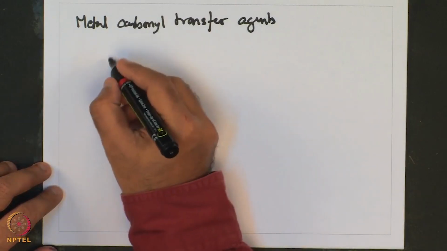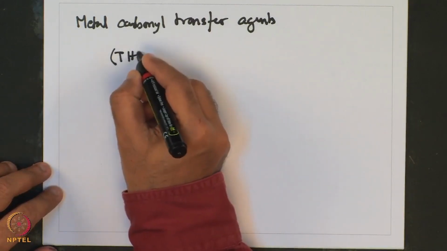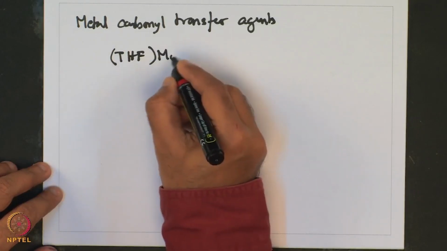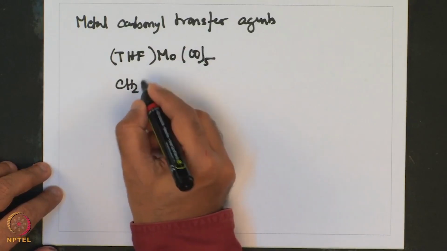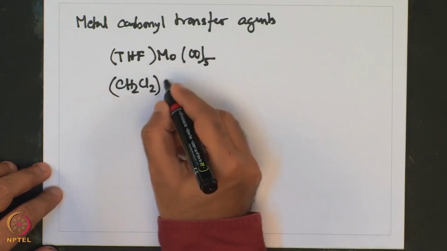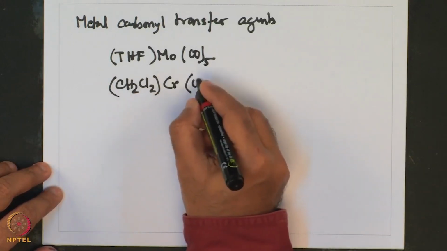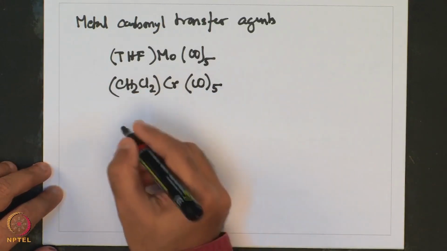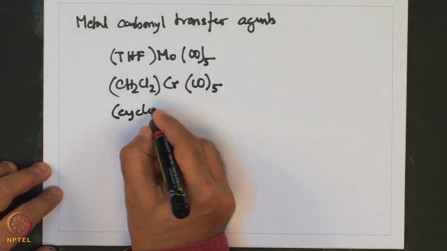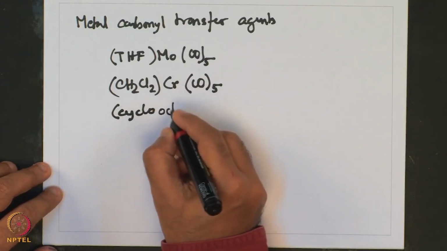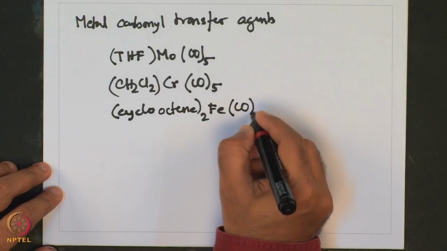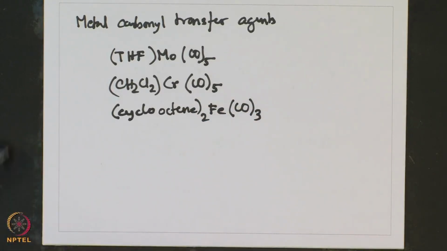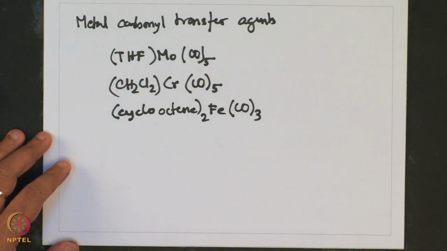The examples include THF Mo(CO)5, CH2Cl2 Cr(CO)5, and cyclooctene 2 Fe(CO)3. So, these are designated as metal carbonyl transfer agents.